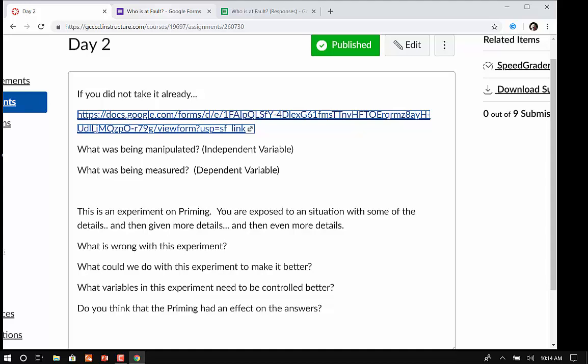Simultaneously? Because we did give both sides of the story. Yeah, so what if I put the video of the fixie and the lady at the same time? That would be a different prime. Maybe it wouldn't have the carryover effect as if you only see one and answer the questions and then see the second one and answer the questions. So that's another good way to fix it.